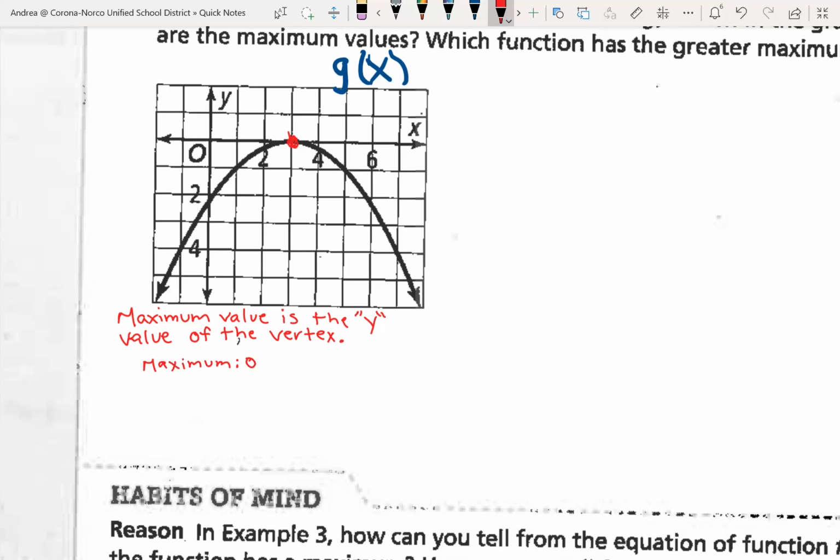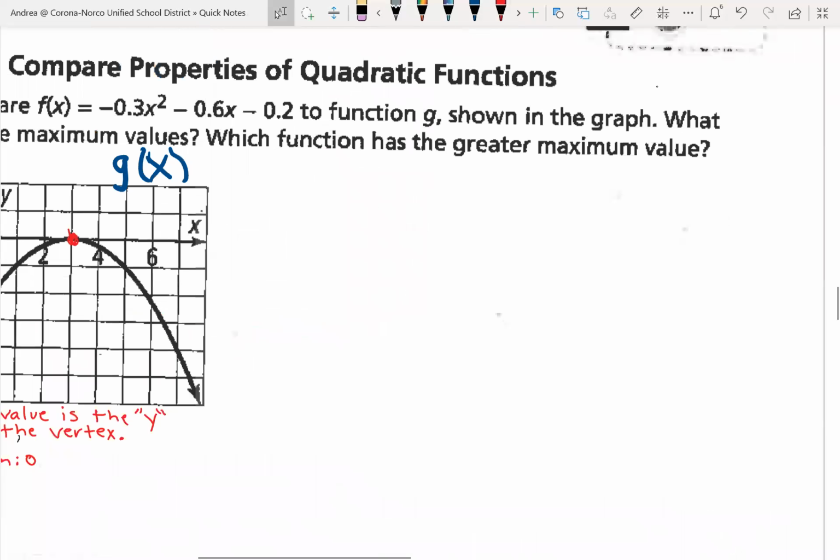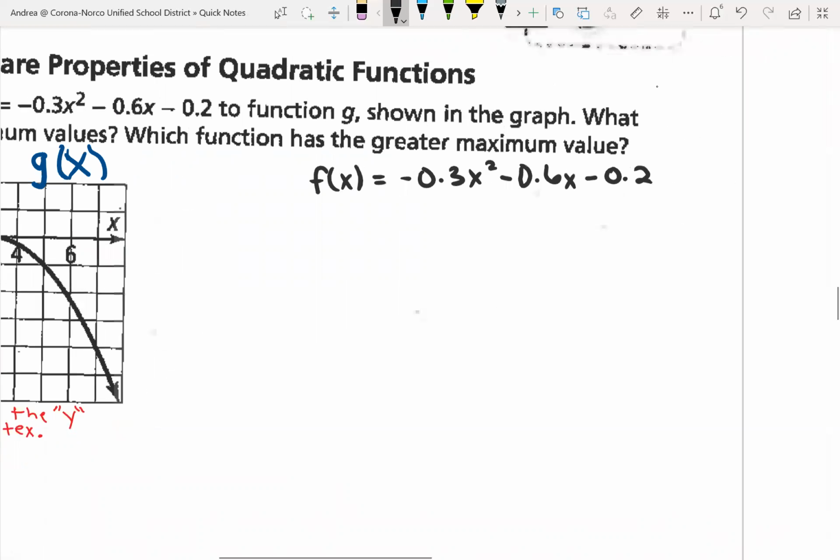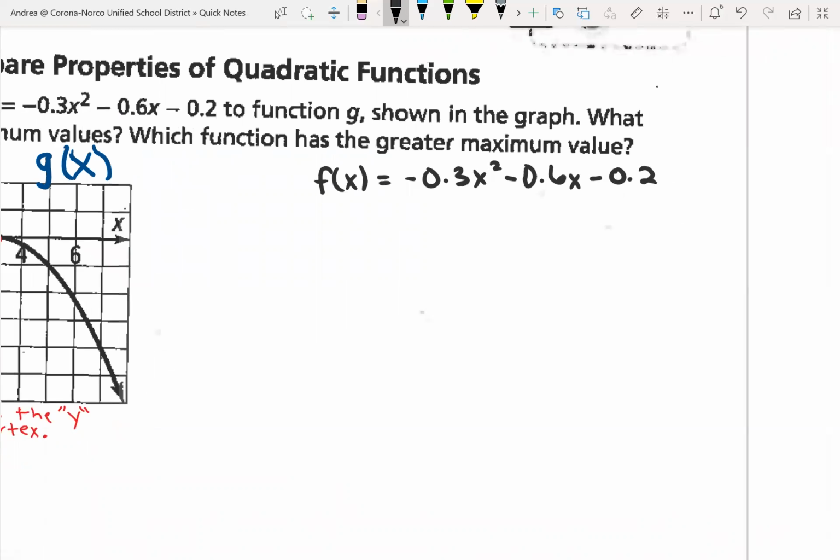So in order to compare the maximum values, I need to find the maximum value of f of x. Okay, so here I'm given f of x. Okay, and f of x equals negative 0.3x squared minus 0.6x minus 0.2. The a value is negative, so it faces down, so I know it has a maximum value.